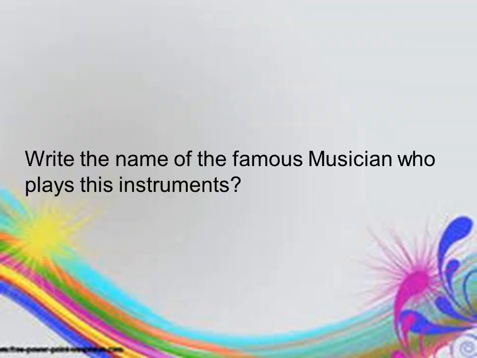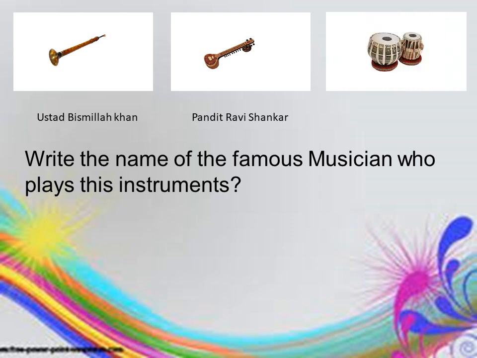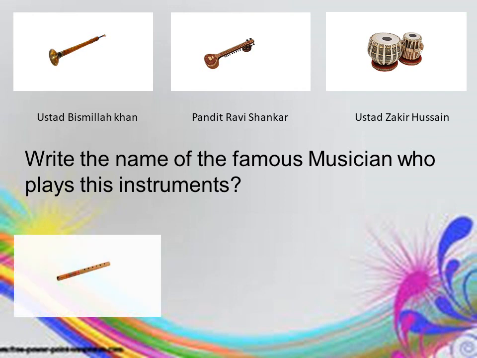Write the name of the famous musician who plays these instruments. Yes, which is this instrument, students? Yes, it's Shehnai, and who plays it? Ustad Bismillah Khan. The next one, which is this famous instrument? Sitar, and who plays it? Pandit Ravi Shankar. The next one, tabla, who plays it? Ustad Zakir Hussain. Yes, which is this instrument, students?